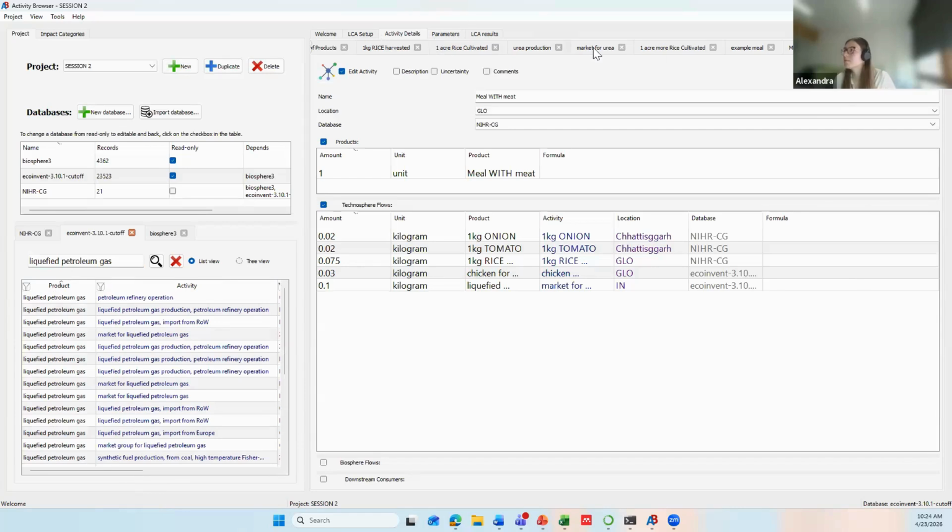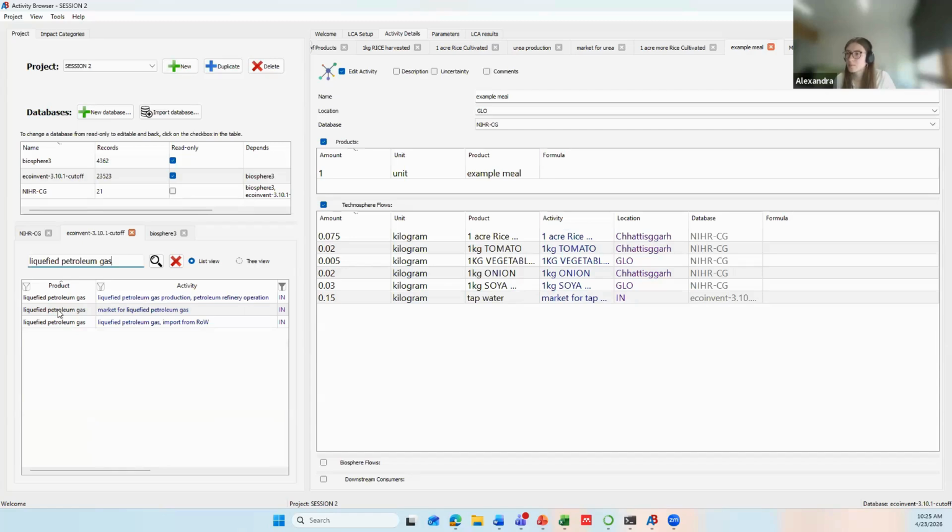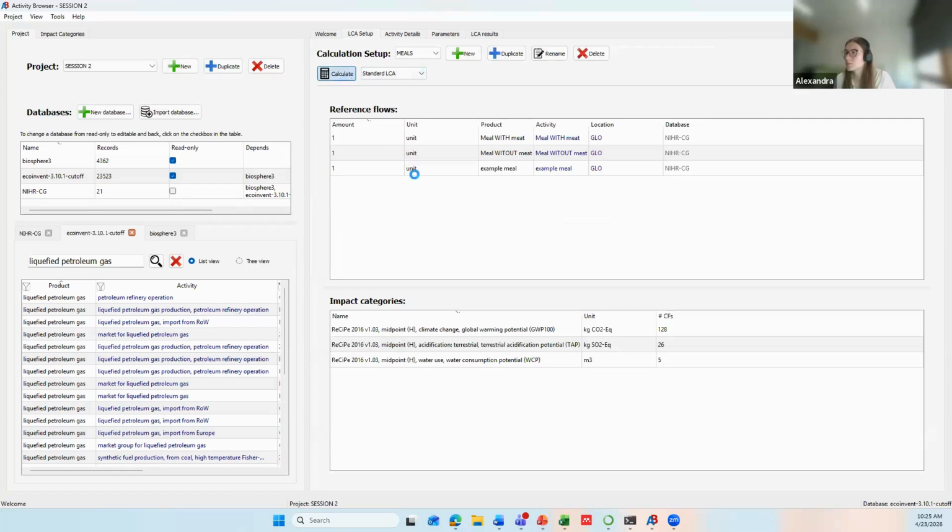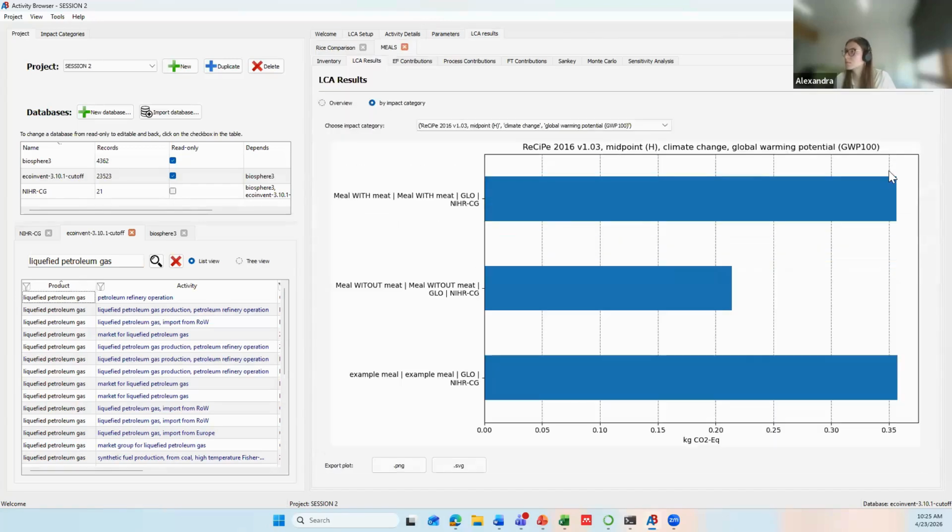An example meal. Let's add the same. So now we can see that it's clearly bigger, the difference.